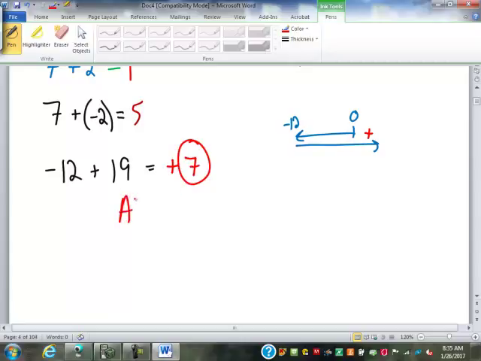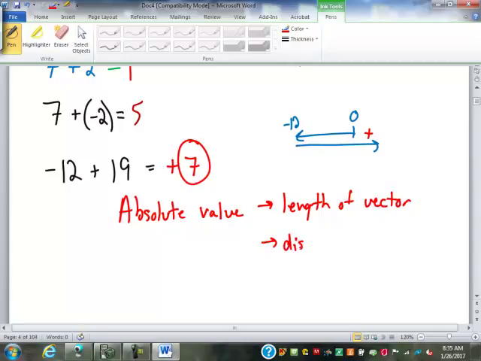Now I'm going to define something called absolute value here. Absolute value has two different working definitions. One is the length of the vector. Two, distance from 0.